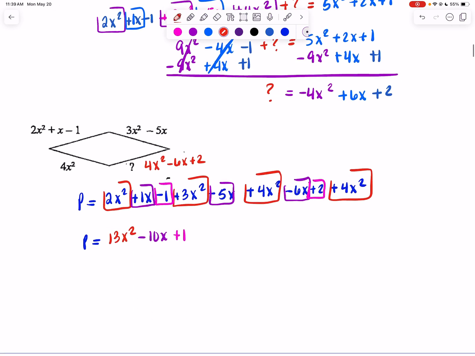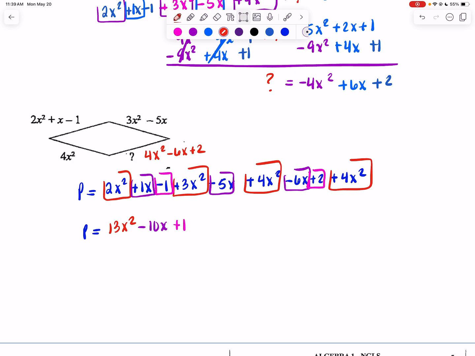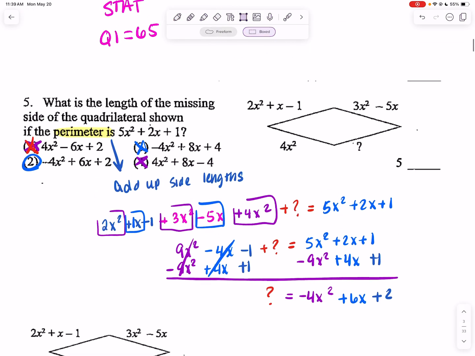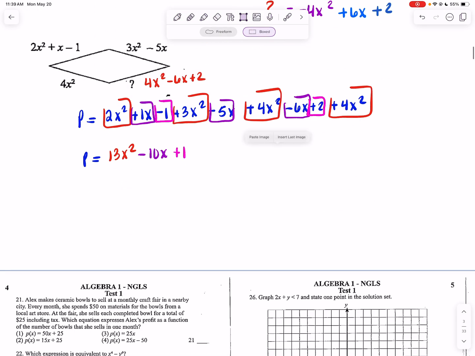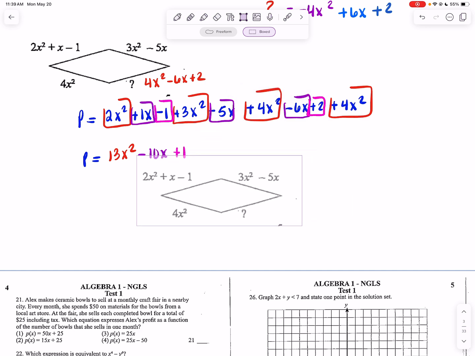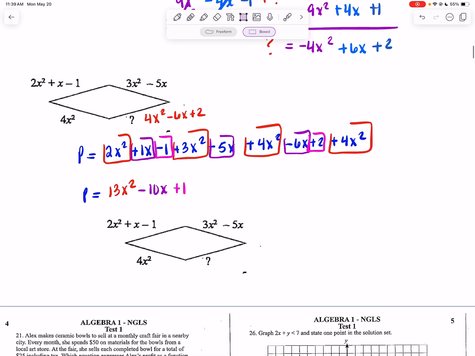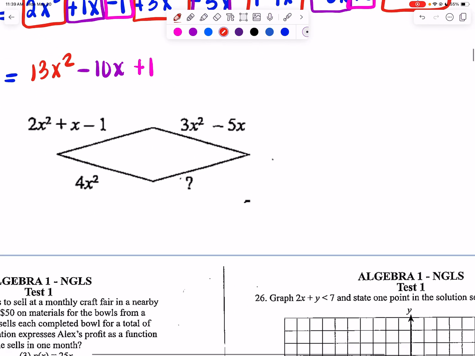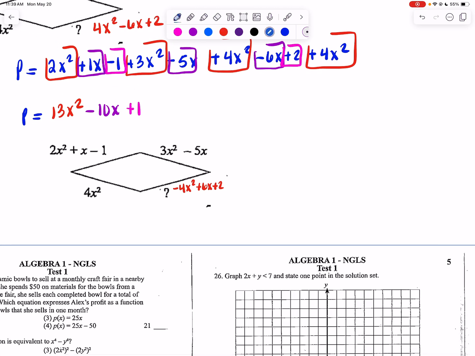Now I'm going to do the same procedure, but this time I'm going to use my correct answer. So my correct answer was negative 4x squared plus 6x plus 2. And I'm going to add up all my side lengths again.